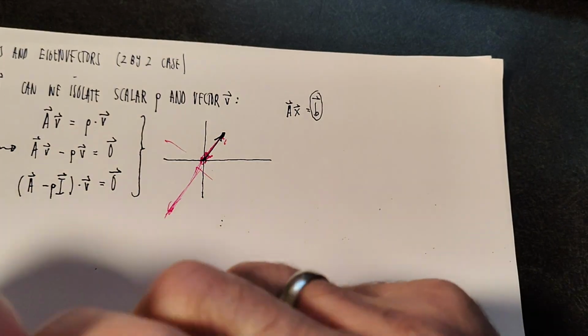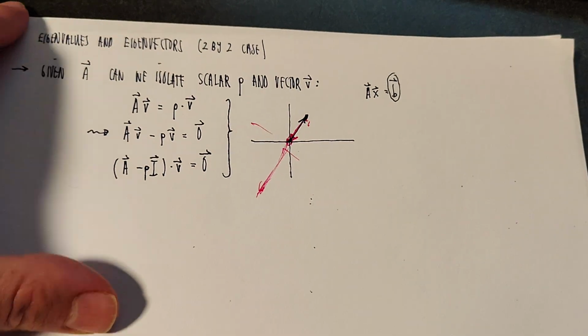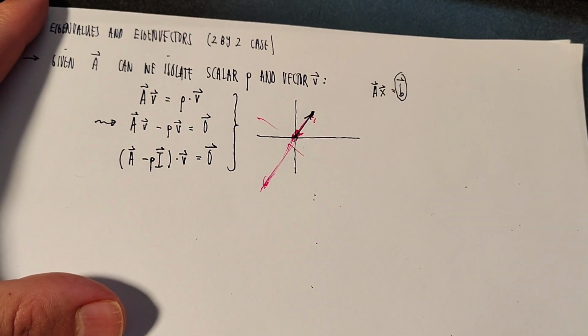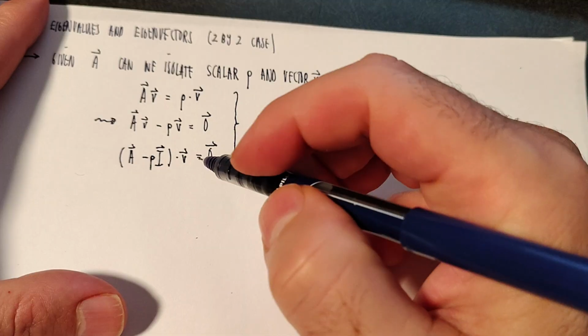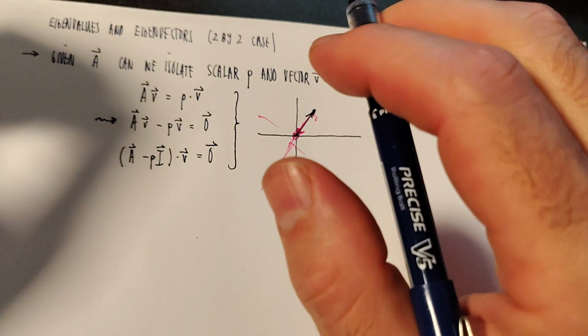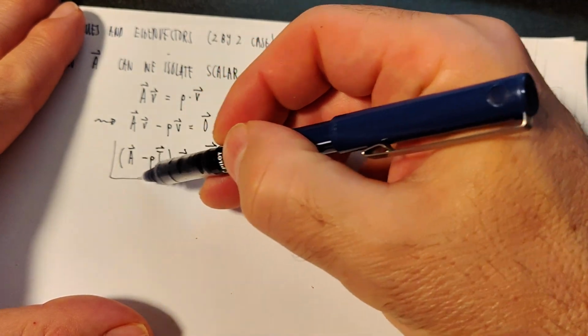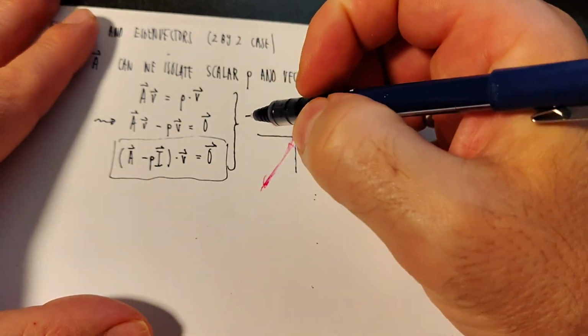So pretty cool intuition there, pretty powerful stuff, but how do we work with this? There's a couple of results that come from this.